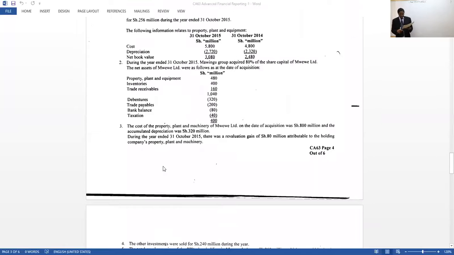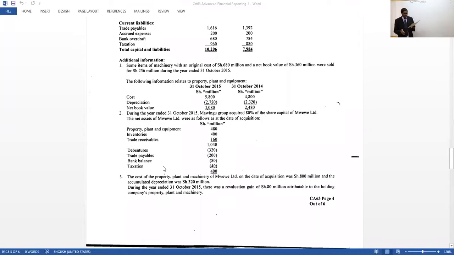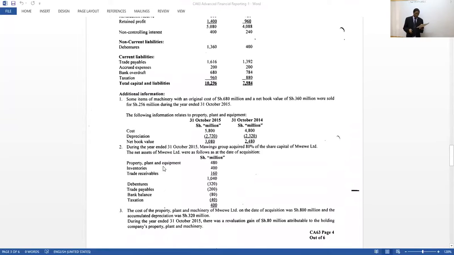Number two, during the year ended 31st October 2015, Mawingo Group acquired 80% of the share capital of Mwewe Limited. The net assets of Mwewe Limited were as follows as at the date of acquisition.